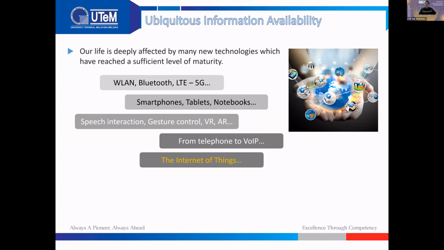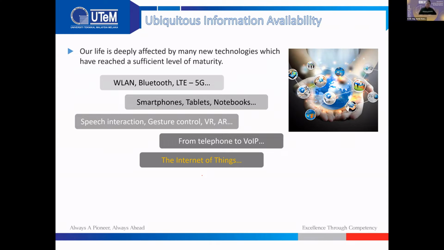All of us have smartphones, tablets, and notebooks, and these devices are able to recognize speech interaction, gesture control, virtual reality, and augmented reality. Nowadays most people are no longer interested in using the telephone, but prefer VoIP rather than a telephone.